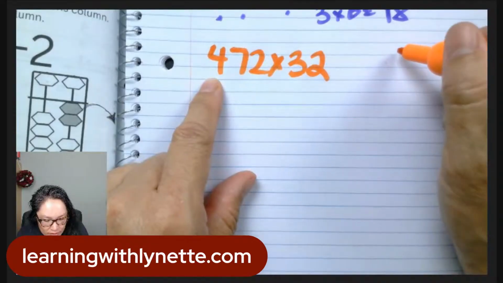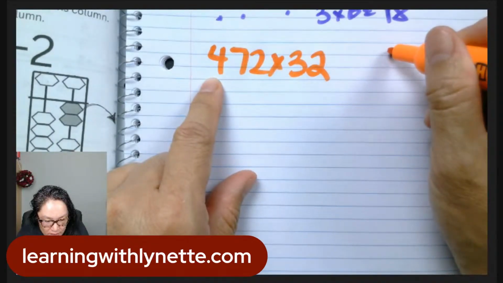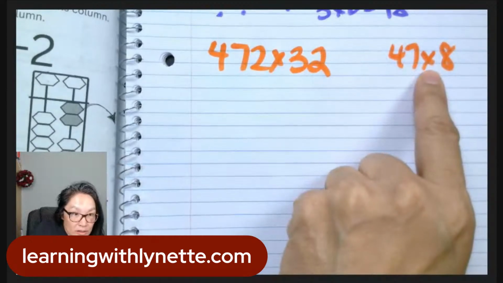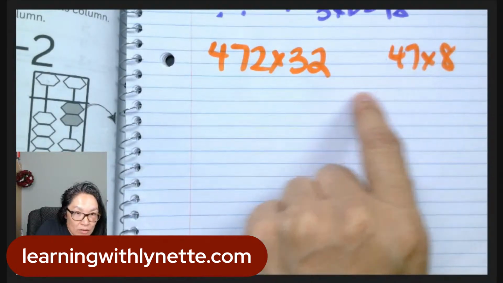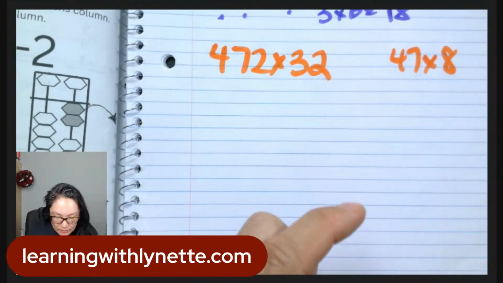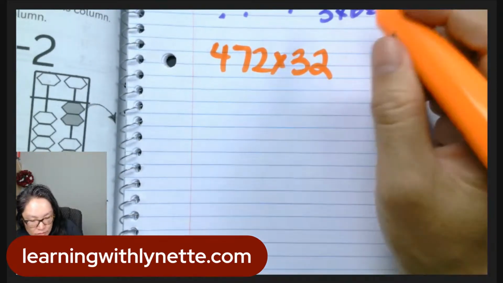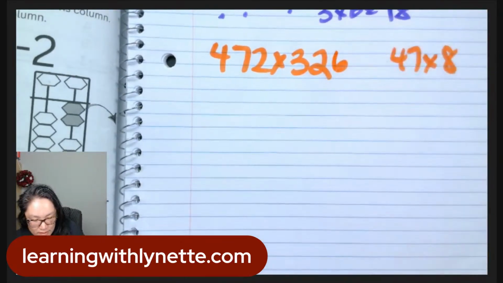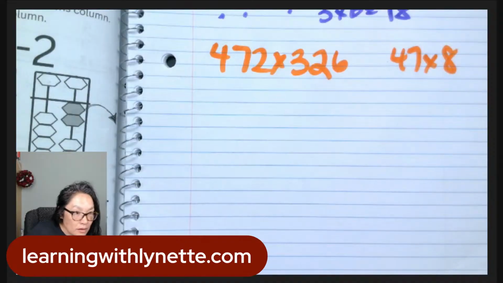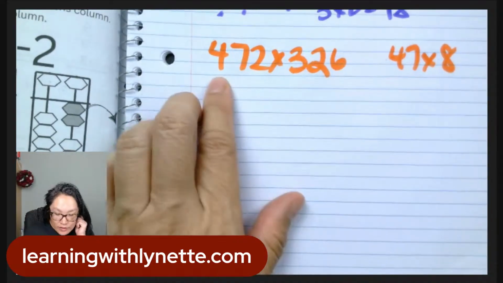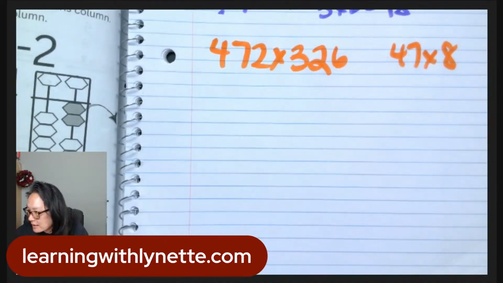Or do you want to do 3 digits, which is 47 times 8? Or are we doing 5 digits? Oh, you said 3 digits times 3 digits. Okay, last question. We'll do 3 digits times 3 digits. It's exactly the same.